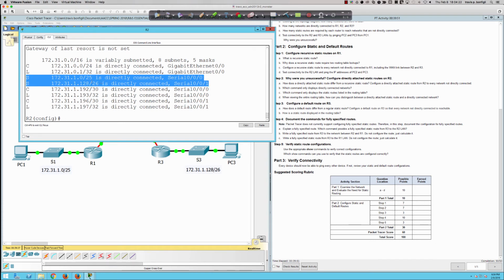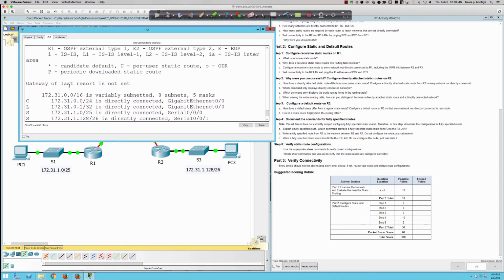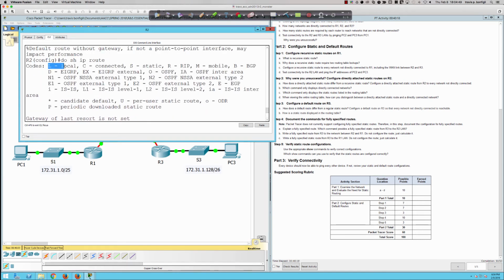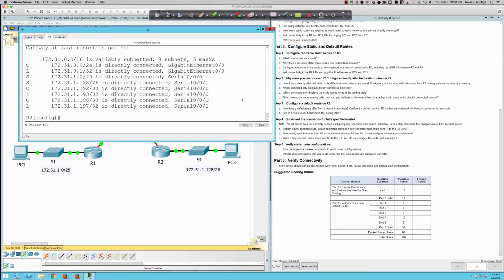One way you can tell the difference between a directly connected static route and a directly connected network is that the directly connected network will have an accompanying local entry. The statics do not have that, right? And then you can also tell by the S for static, C for connected, and L for local. If we go up just a little bit further here, there's a legend. So L is local, C is directly connected, and S is static. Convenient that those are the three that are there, right?